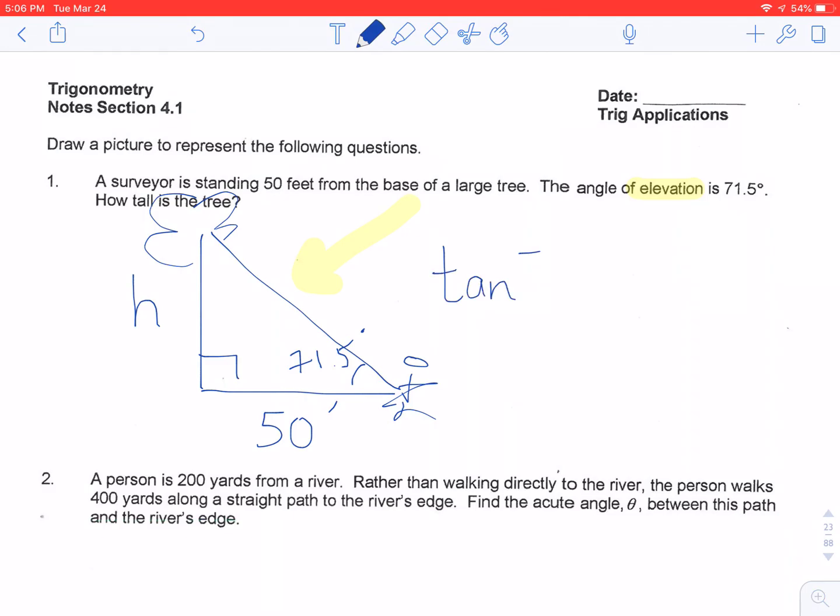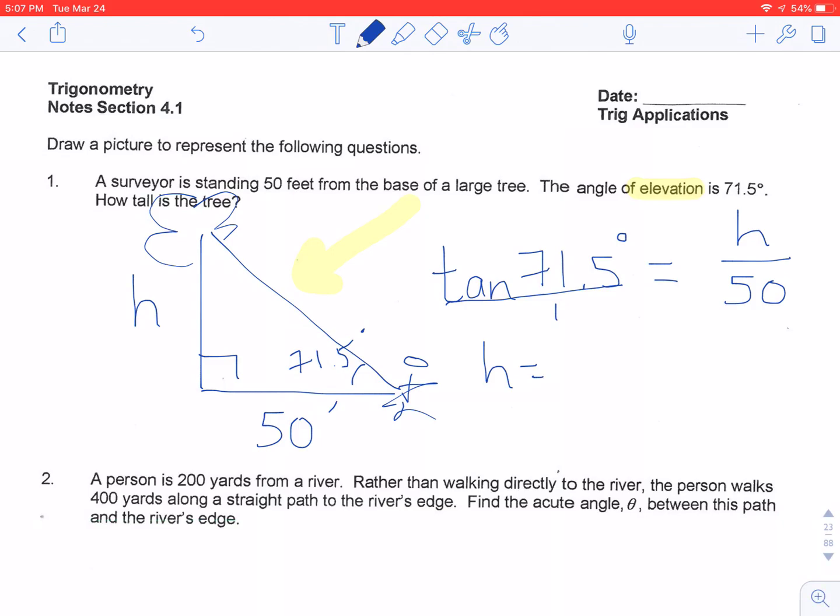So we're going to do the tangent of 71.5 degrees is equal to opposite over adjacent. So H over 50. Now we want to be in degree mode. And when you think about fractions, that tangent of 71.5 degrees is over 1. So we can cross multiply.